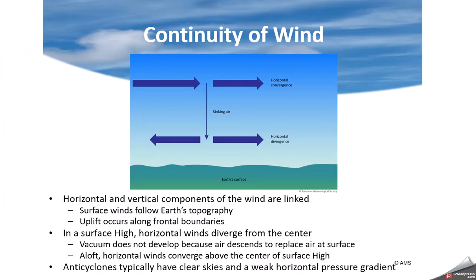In other words, what's happening at upper levels is influencing what's happening at the surface. So if I have convergence occurring, say, up in the upper atmosphere, maybe 20,000 feet up, well, if the winds are converging, that's going to push the air down towards the ground, probably causing the air at the surface to spread apart and diverge.